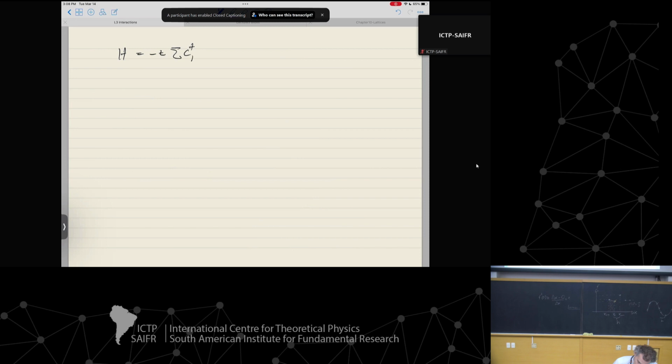So creation at some site, annihilate at some other site, and then plus the interaction, and we had the number on a particular site. Let's say spin up and spin down.